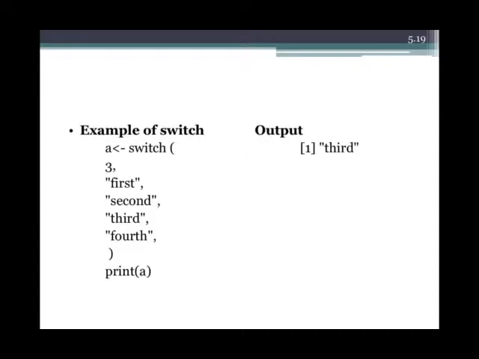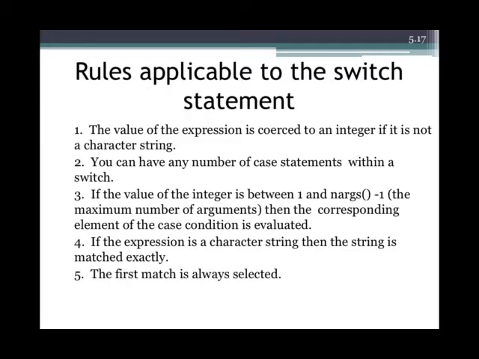Look at the left of the slide where we have assigned a value A, and A is now being tested for its content. So we'll assume A contains some value 3, so we said that A will be assigned a value from switch where we have the value 3, then we have the arguments or the syntax here which talks about the case statements.